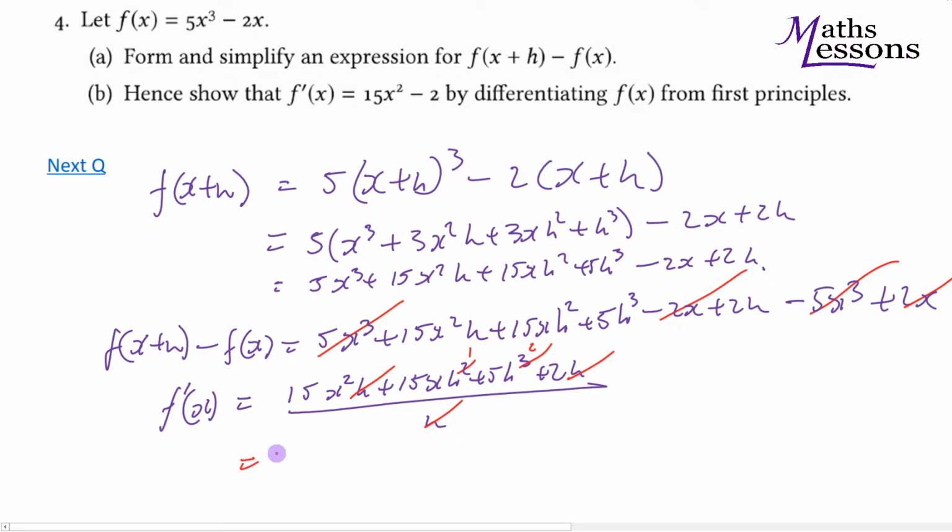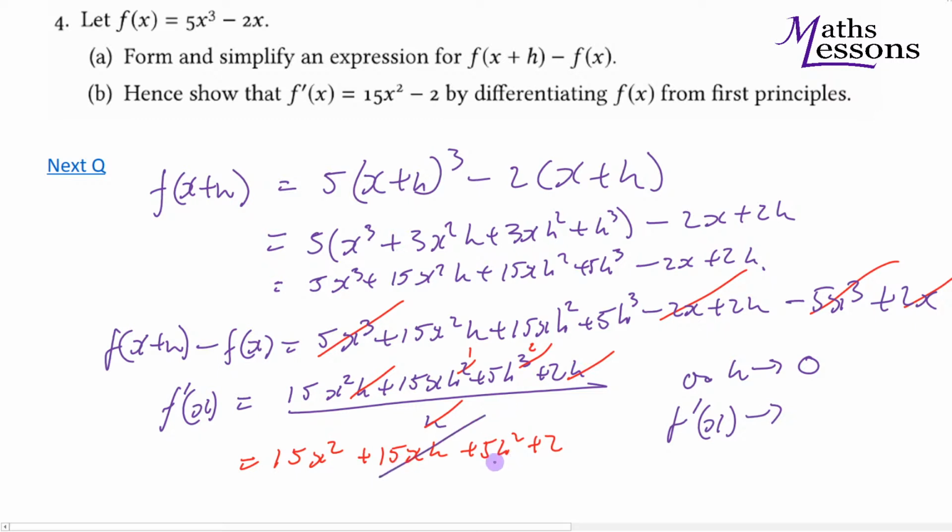And so I'm left, once I've cancelled down, with 15x squared plus 15xh plus 5h squared plus 2. Now, as h tends to 0, then f dash of x will tend to, well, that bit's going to go and that bit's going to go. 15x squared plus 2, and I've made a mistake.